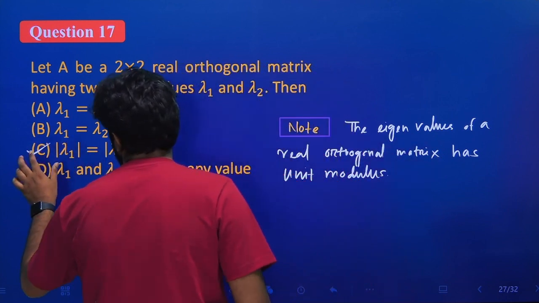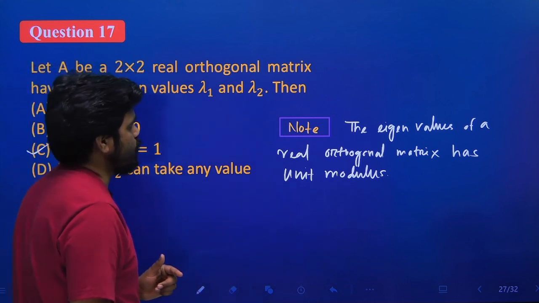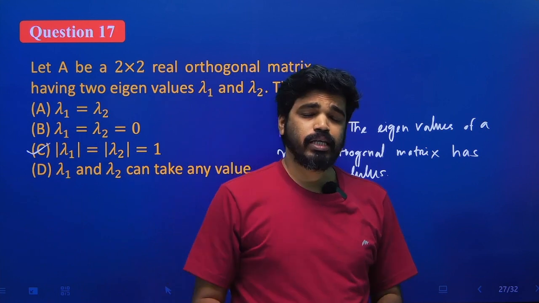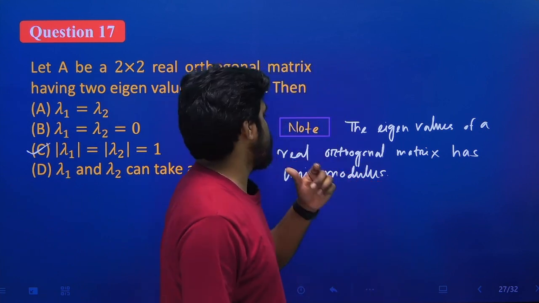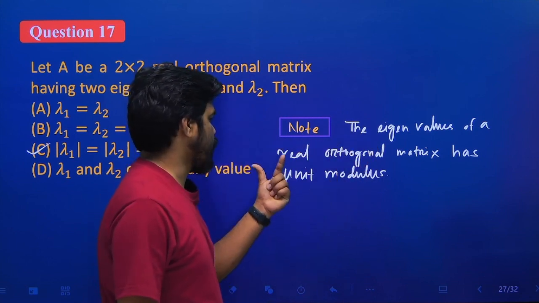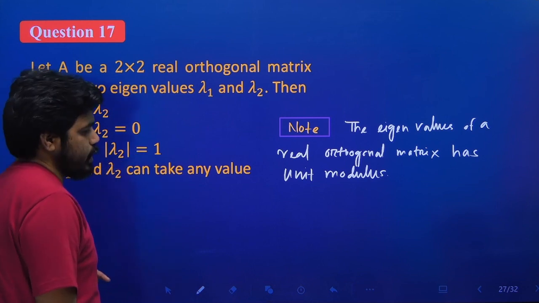So option C is the correct answer. Modulus lambda 1 is equal to 1, modulus lambda 2 is equal to 1. It should be noted that the eigenvalues of a real orthogonal matrix are plus minus 1. That means the eigenvalues of a real orthogonal matrix have unit modulus. So option C is the correct answer.